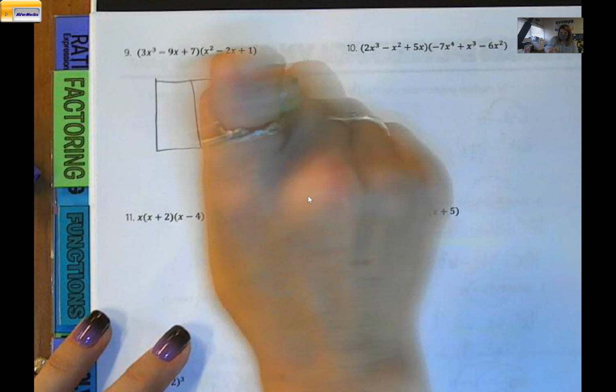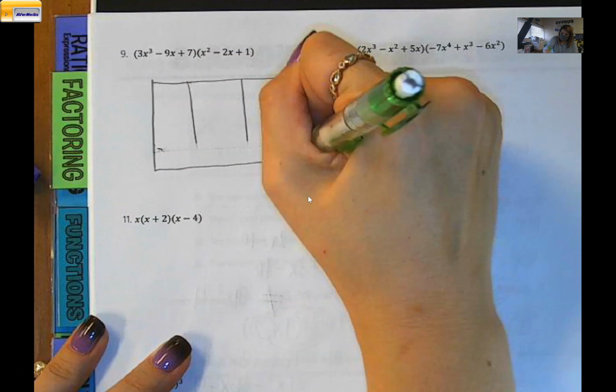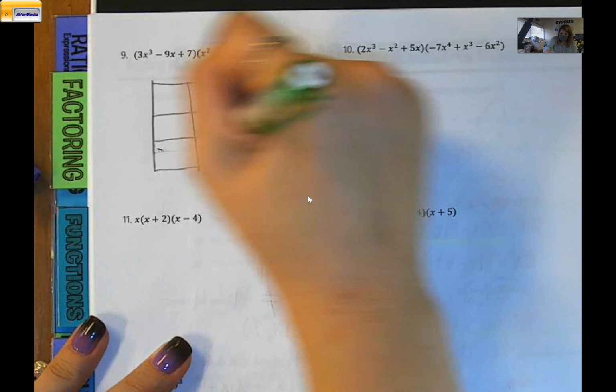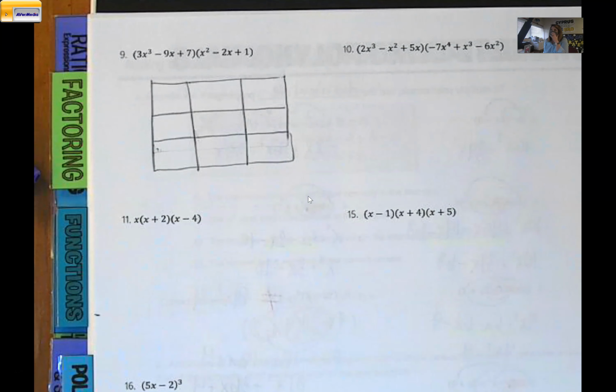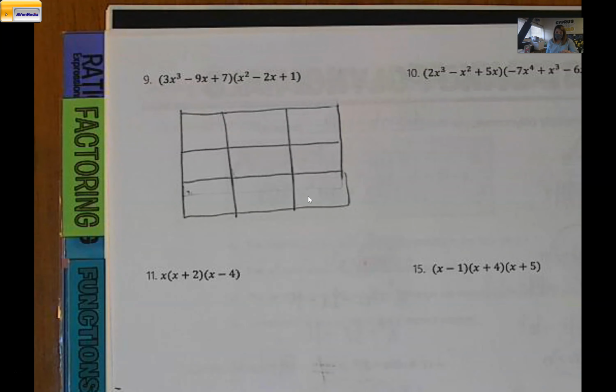Three columns. Three rows. And it doesn't matter which problem you write down first.